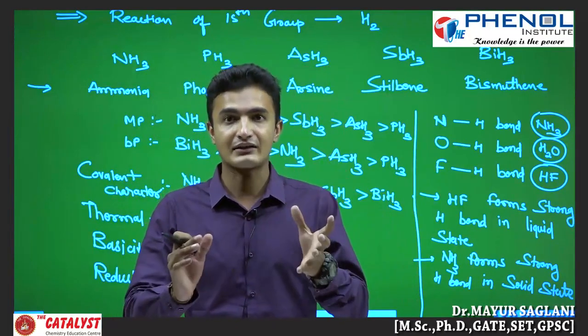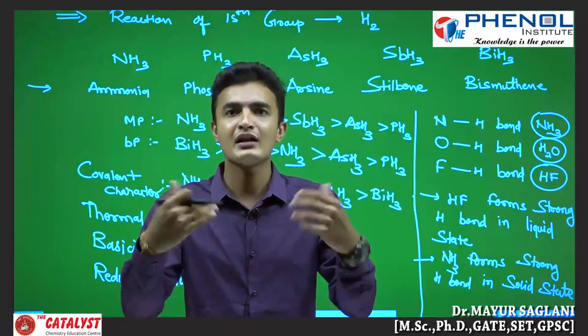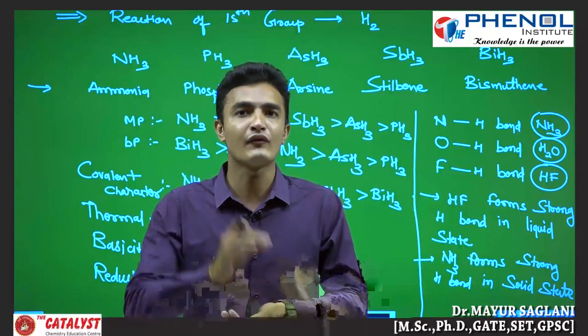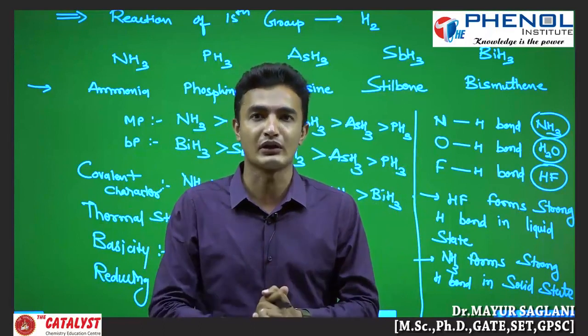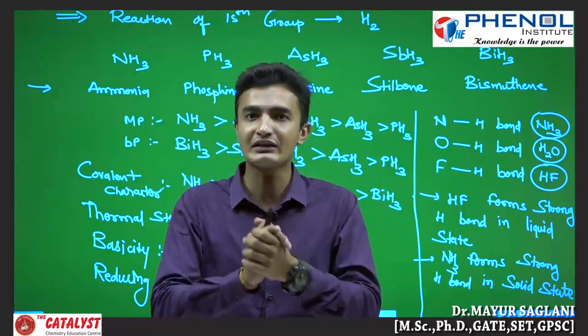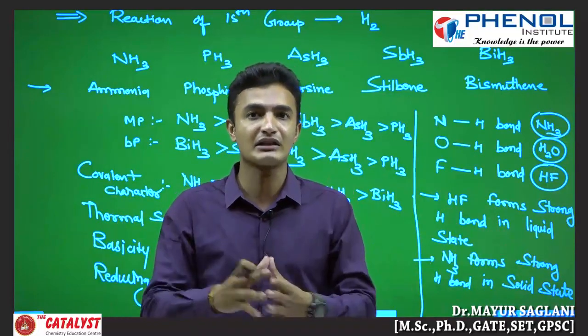Fine. If I ask you the bond length of nitrogen and hydrogen, you may say it is 100 picometer. Now if I ask you the bond length of bismuth and hydrogen, you will say it is 150 picometer. Why? Because the radius of hydrogen is fixed, but there is a size difference between nitrogen and bismuth.